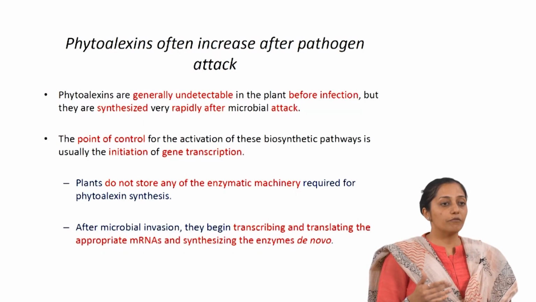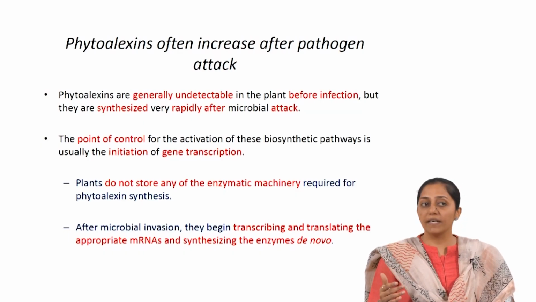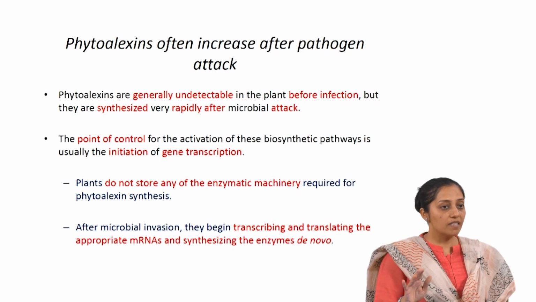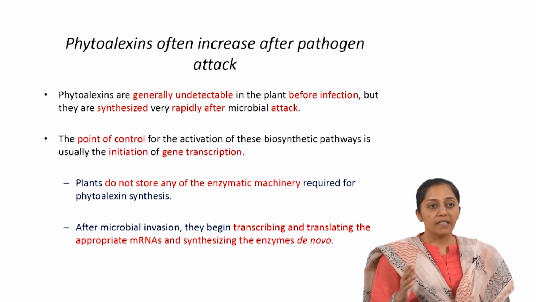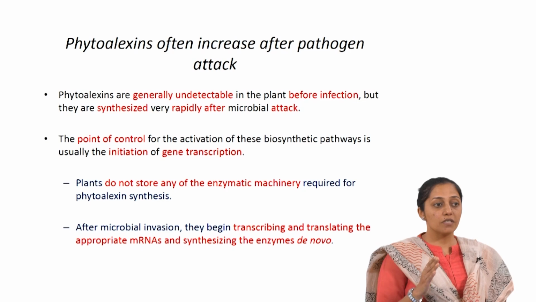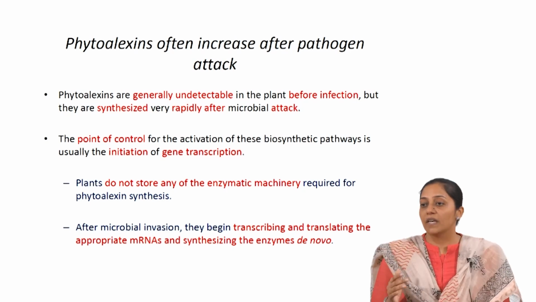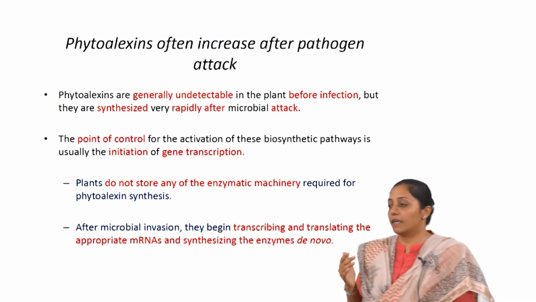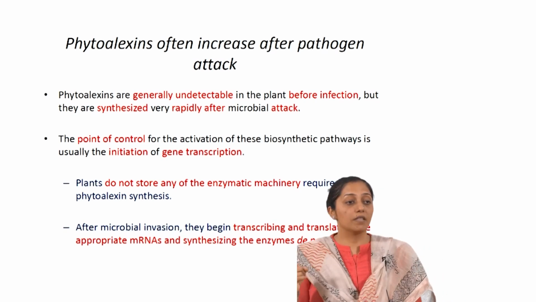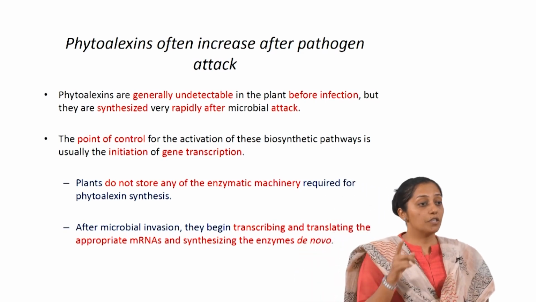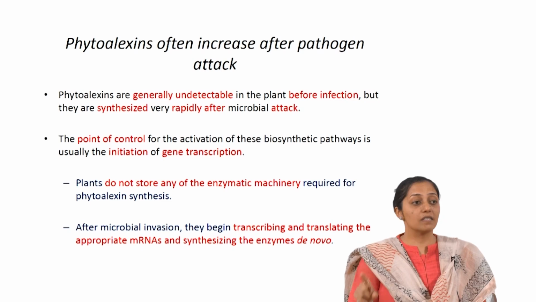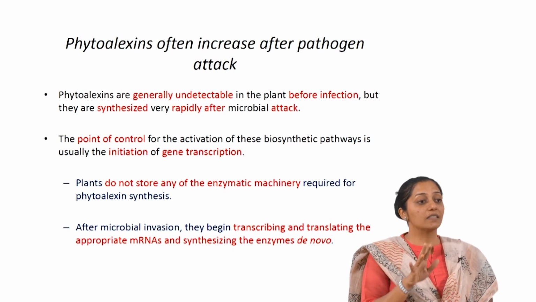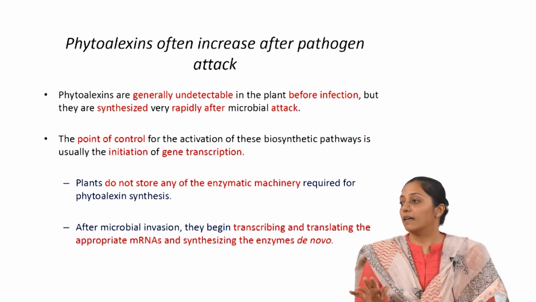I told you that phytoalexins are secondary metabolites which are not synthesized all the time, but are a species-specific, pathogen-specific response. This involves de novo synthesis of the enzymes, which includes transcription and translation, and the whole process starts after the pathogen has attacked.